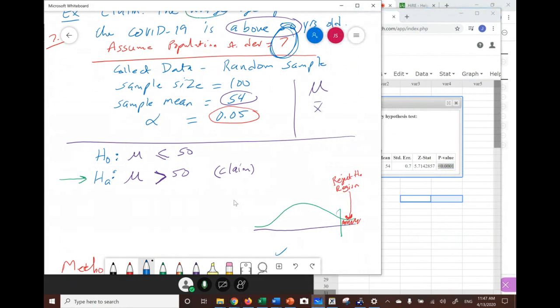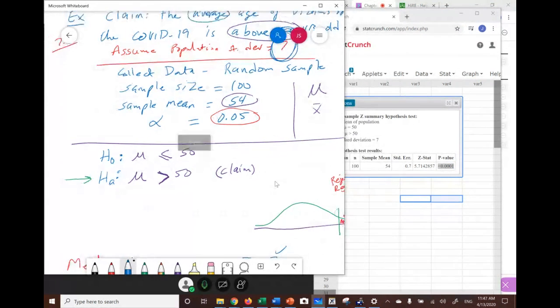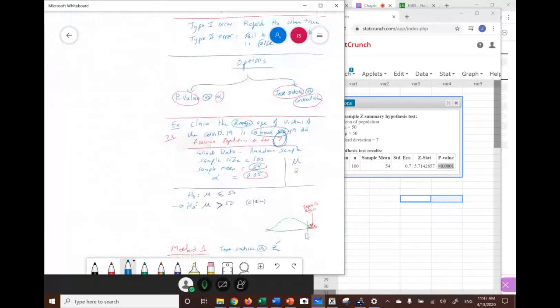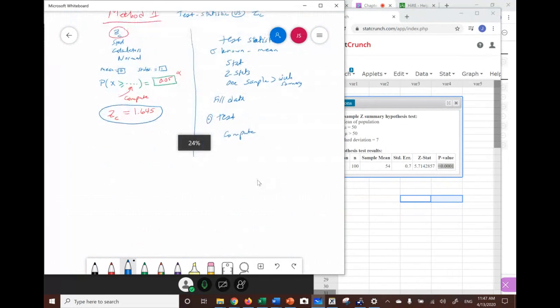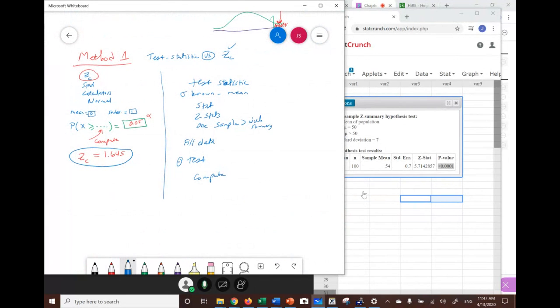So let me go back in here and try to fill this information in. Based on my calculations in here, the Z-stat, or by the way, it's called Z-stat, and up there I call it test statistic.